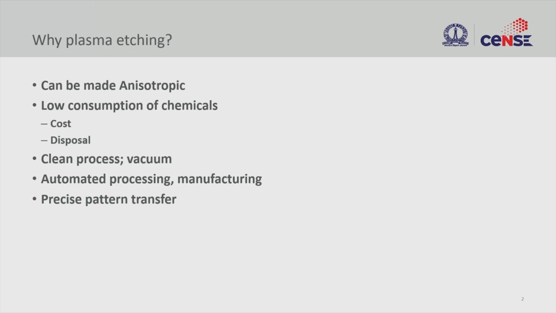First of all, plasma etching can be made anisotropic. What is anisotropic? Isotropic, we know, is equal etch in all directions, so both the horizontal and the vertical etch have the same rate.